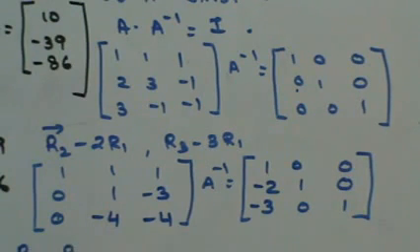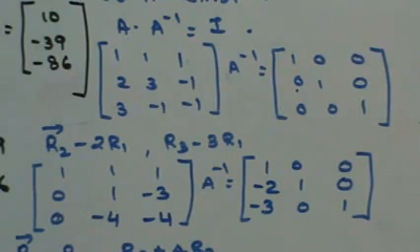So R1 minus R2 and R3 plus 4R2. So in which case you will get this as R1 minus R2, 1 minus 0, 1 minus 1, 1 plus 3, which will give me 4, 1 plus 3, 4.